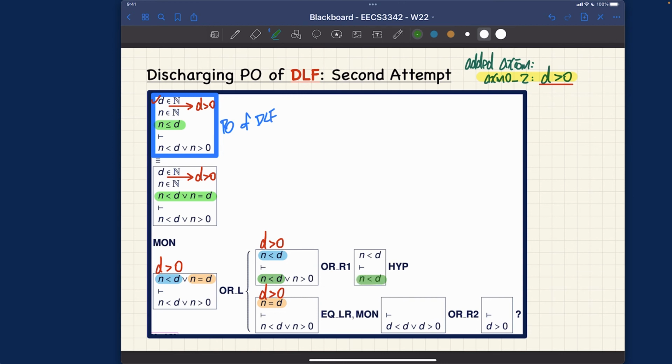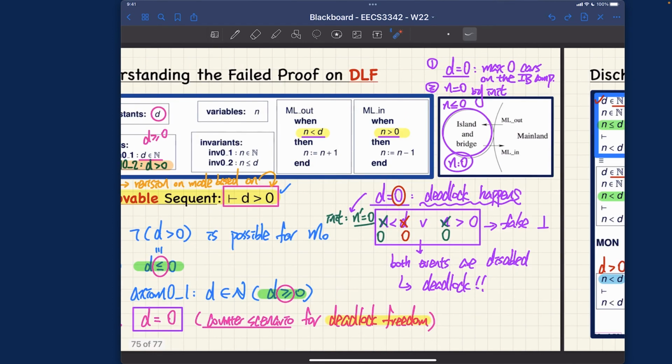That's why we're using R1. That one's the same, but after this we haven't dropped the hypothesis just yet, so it's going to be d larger than 0 over here. Can we actually apply the hypothesis rule here? We know that n less than d and n less than d are matching between the hypothesis and the goal. But we have some extra hypothesis over here. Can we apply this directly? Well, let me check the rule together with you.